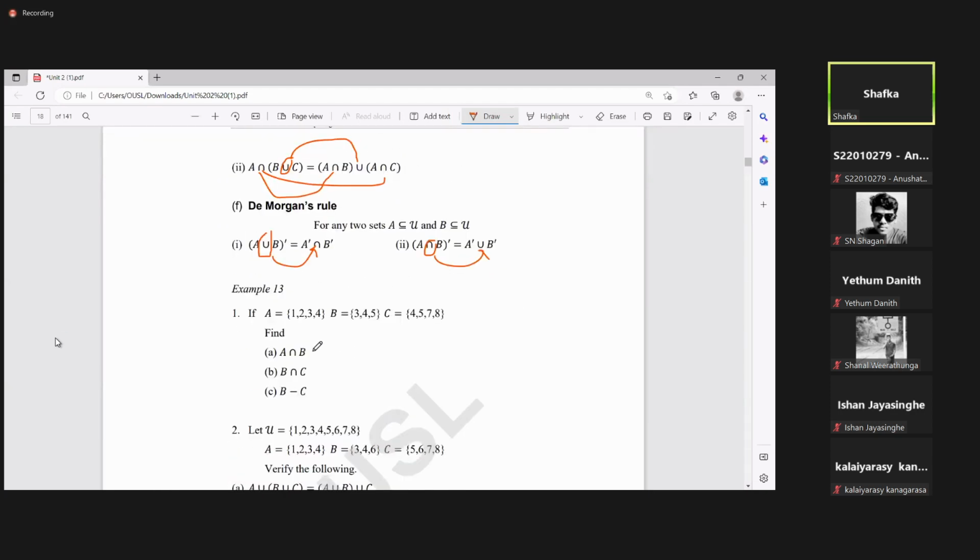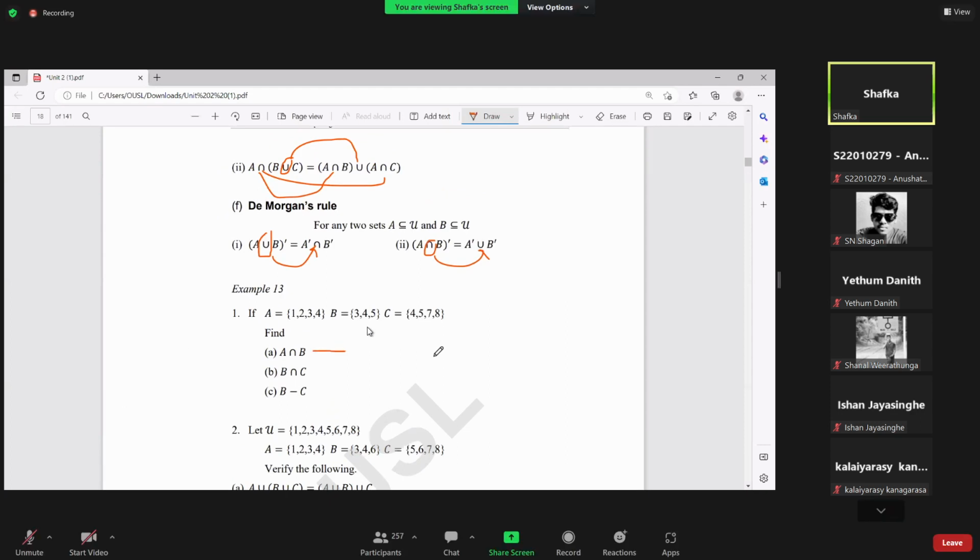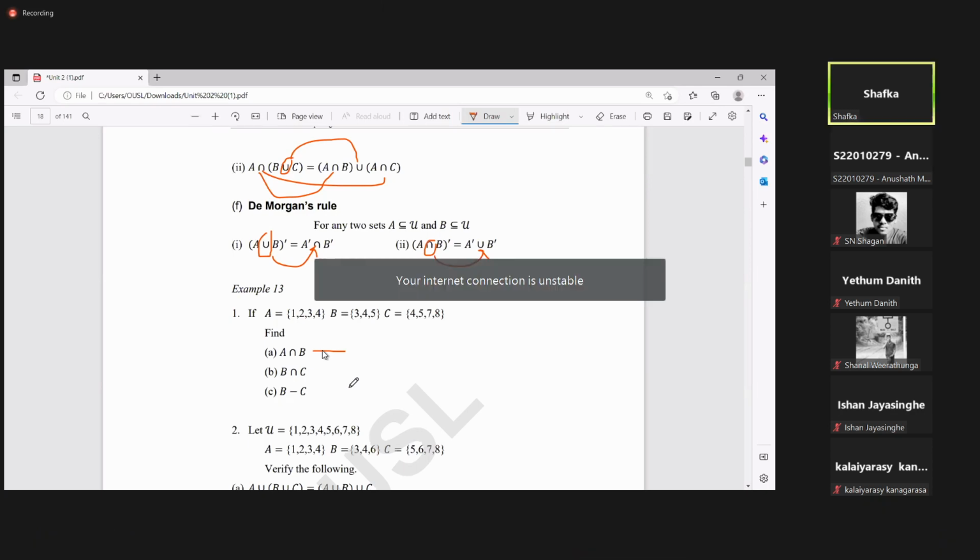Can you please tell me the elements of A intersection B for this example? 3 and 4. Okay, B intersection C? 4 and 5.